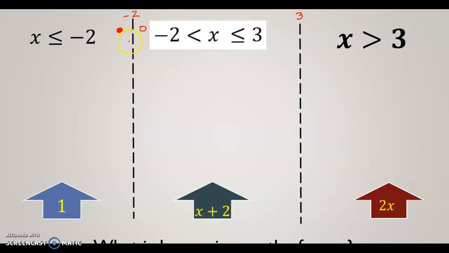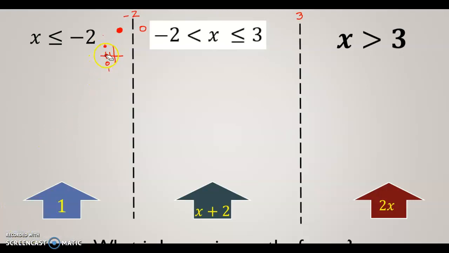That's important because remember when we were talking about functions, you couldn't have 2 points at the same x going to different y's. So one of these -2's will go here, and the other one will go here, or something like that. But you won't cross it twice. It'll still be a function. All right?